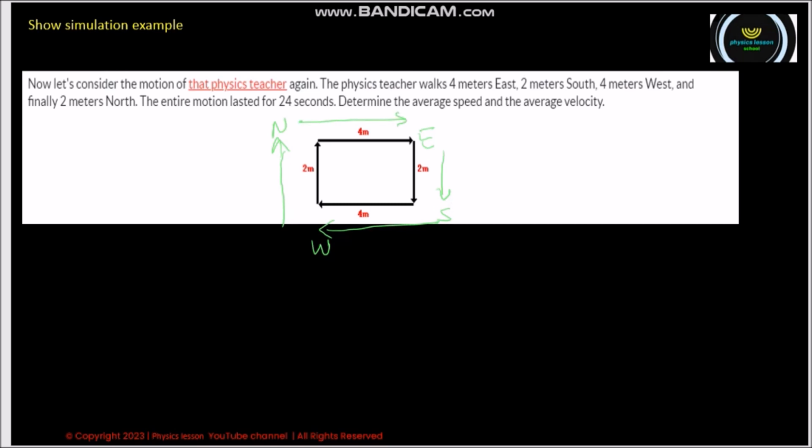Now determine the average speed and the average velocity. Let us see the solution together. Under A, you are required the average speed, and under B, the average velocity. For A, we have given the time to cover this distance, it's 24 seconds.